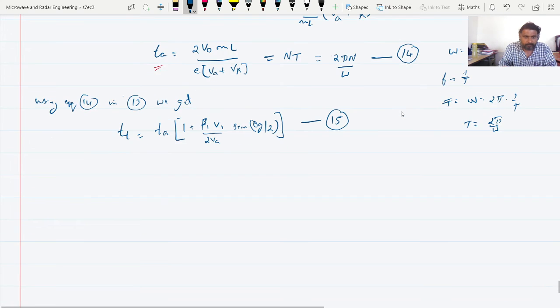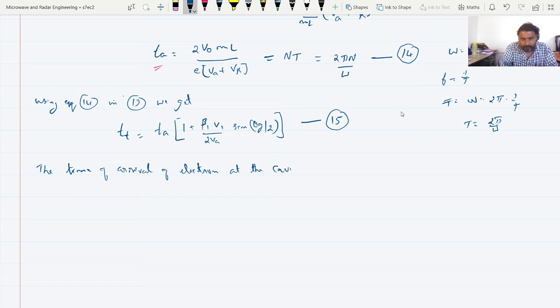So that is the transit time. Now the time of arrival of the electron at the cavity gap is given by Tc, which is nothing but Tg, the gap time, plus Tt from equation 15.